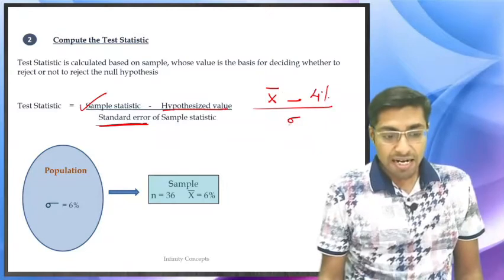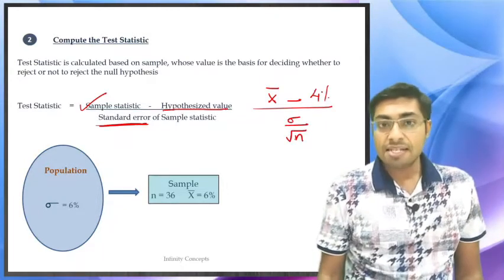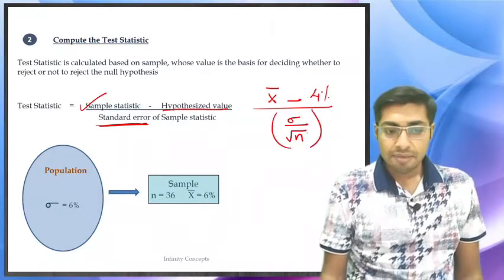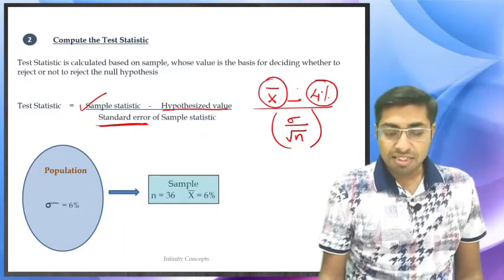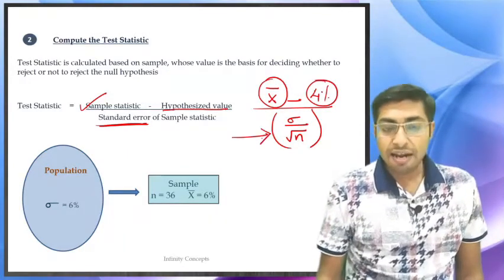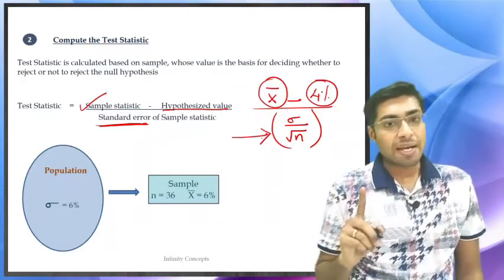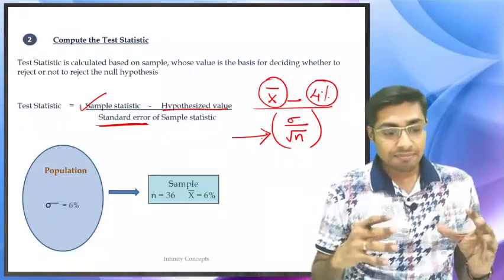So your standard error is standard deviation divided by root of n, where n is the sample size. So your X bar minus 4%, which is your hypothesized value, divided by the standard error, which is standard deviation divided by root of n. Now this is what your test statistic is.